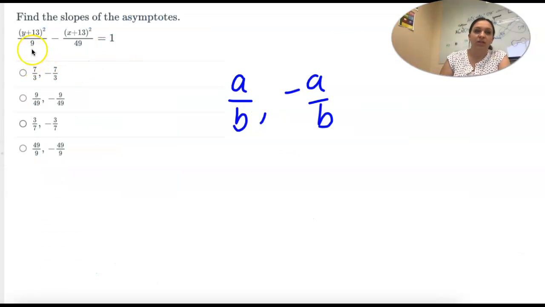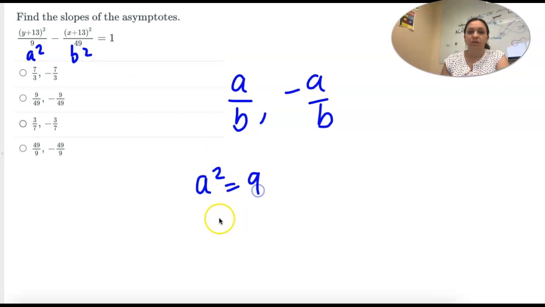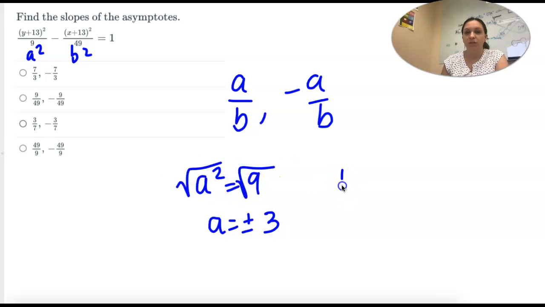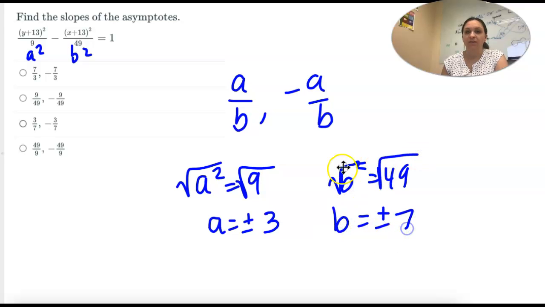So a squared is 9 and b squared is 49. So a would be plus or minus 3 because we take the square root of both sides. B squared is 49, so b would be plus or minus 7. So our slopes are 3 over 7 and negative 3 over 7.